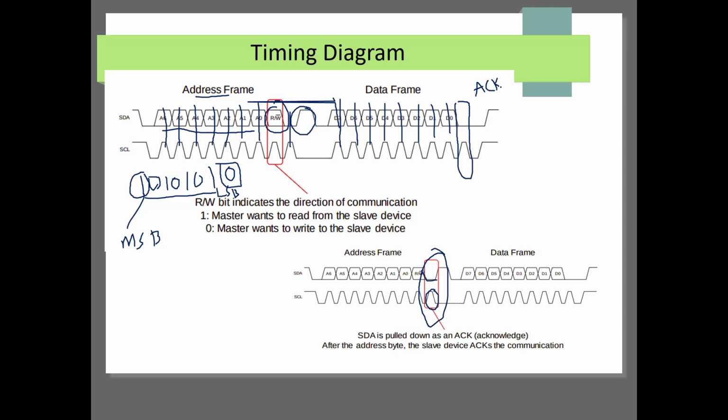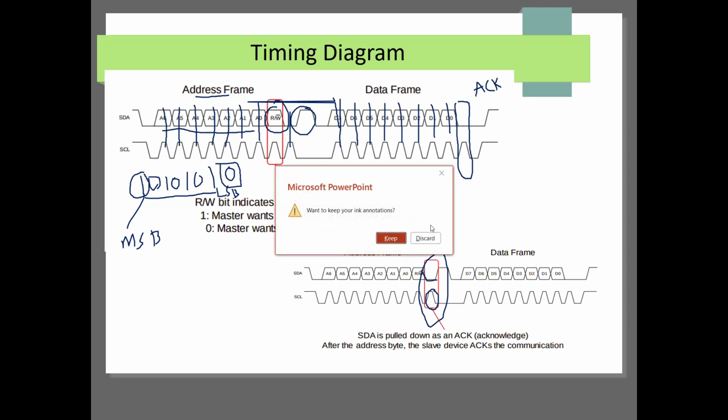After sending the data we need to send the acknowledgement, and after receiving the data we need to send the acknowledgement. Every time a transfer happens, we need to send the acknowledgement. So this is the data frame, this is the timing diagram of how the data is transmitted. Clear?